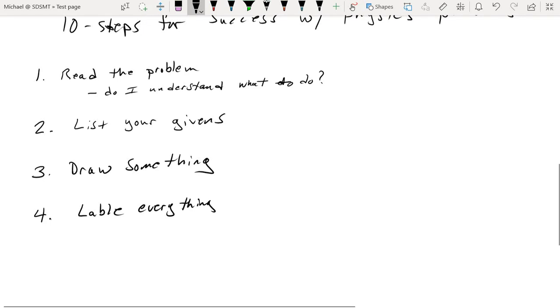So this is kind of a combination of steps 2 and 3, but you want to have absolutely as much information as possible in front of you so that you can take the next step towards the mathematics. Step 5, now that you have everything drawn and labeled, choose a reference frame.